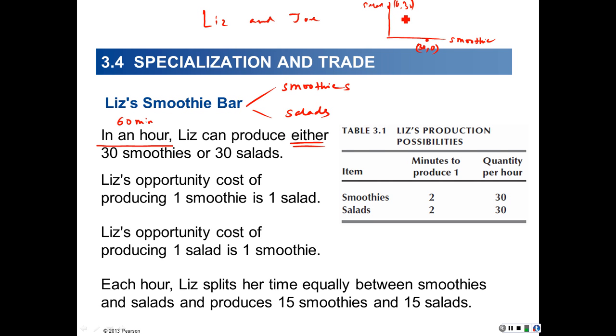What about the PPF itself? It would be a line joining those two endpoints, but my question to you is, would it be concave to the origin like the PPF we've previously seen, or would it instead be a straight line? You say straight line. Why do you say straight line? Well, what was the reason for the concavity of the PPF that we saw before? That resources were not homogeneous. There were different kinds of workers, correct? But here we are talking about minutes of Liz's labor.